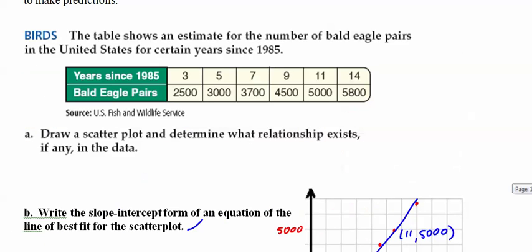Now, estimate the number of bald eagles in 1998. This is since 1985. So 1998 would be 13 years later.